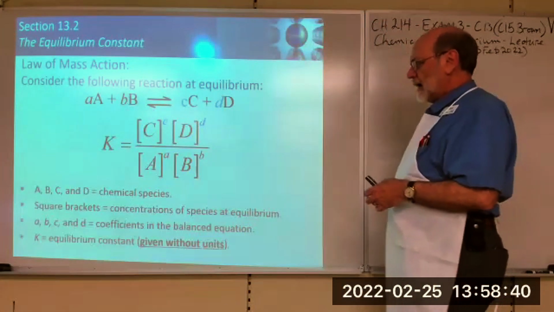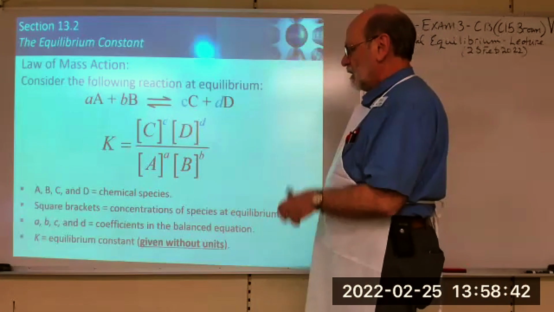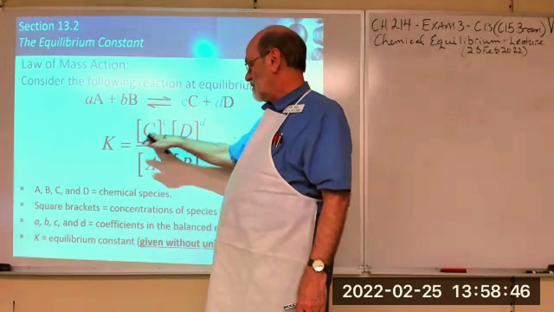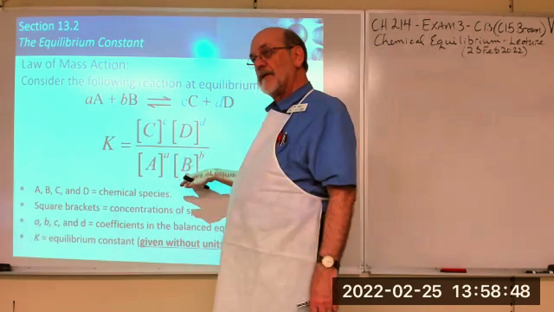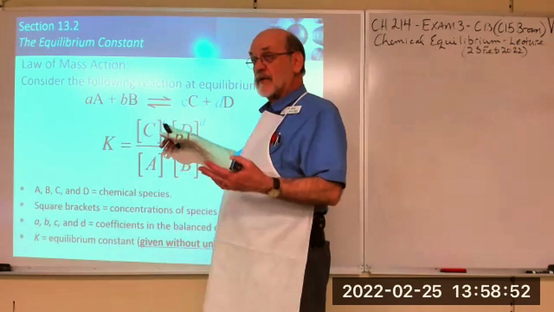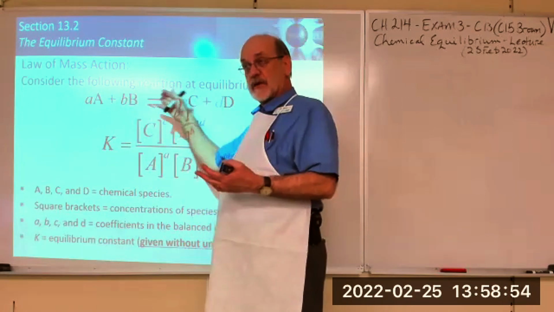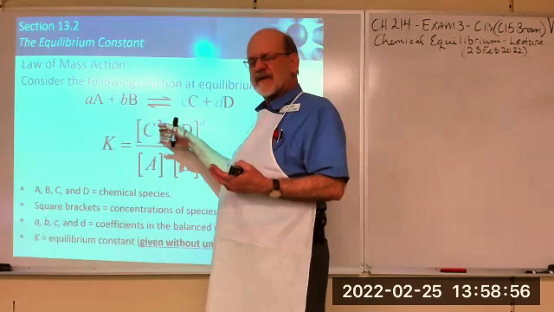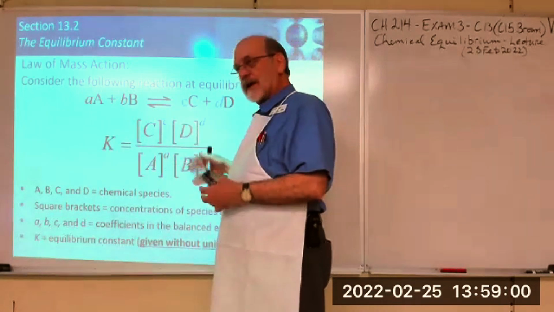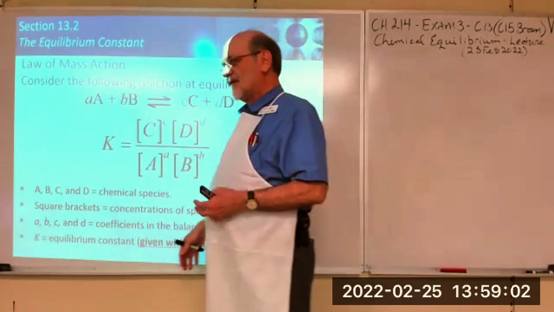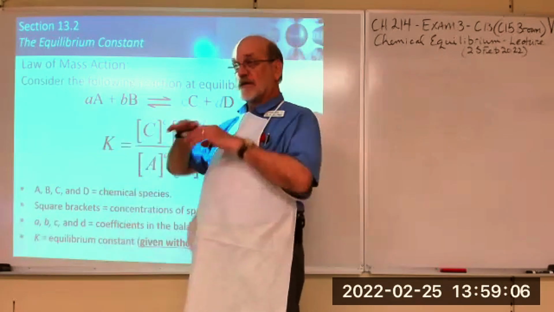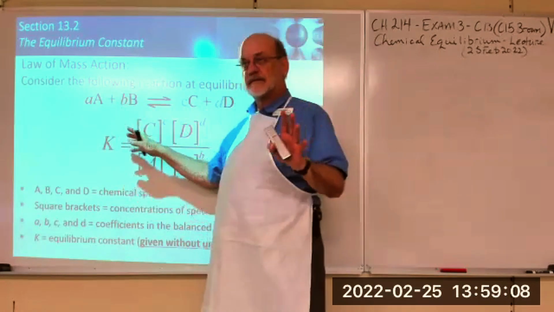Okay, let's see, one other thing. Units of measure. If this is molarity, here, here, here, and here, then these could be any numbers based on the balanced equation. So you could get molarity to some weird power here and here and here and here, and you could end up with some really strange units of measure that just, the sky's the limit.